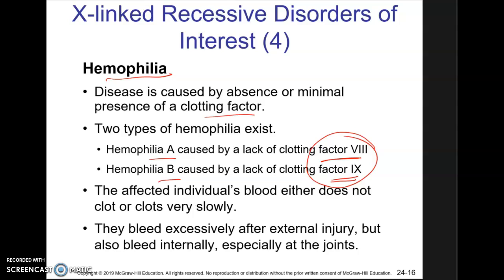Obviously, if the clotting factor is missing, blood is not going to clot, or will clot very slowly. So they will bleed excessively after injury, not only internally but also externally or at joints. What can stop it? Transfusion of fresh blood or concentrations of the missing clotting proteins.